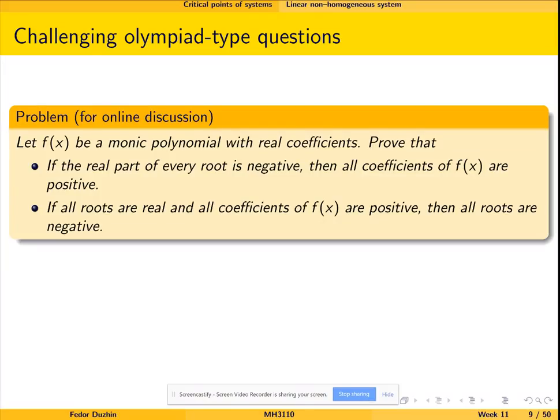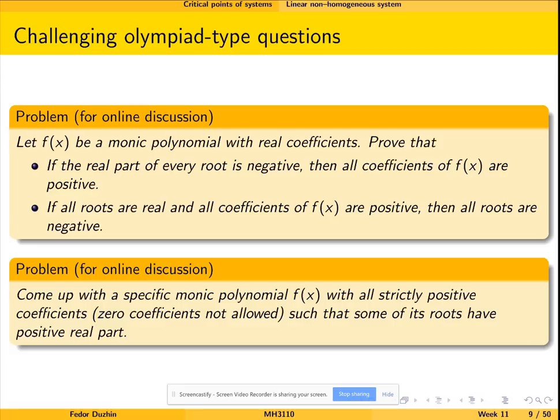And if all roots are real and all coefficients are positive, then all roots are actually negative. That's the first problem. The second problem is about the fact that if roots are complex, then it doesn't hold anymore. So come up with a specific monic polynomial where all coefficients are strictly positive, but some of its roots have positive real part.